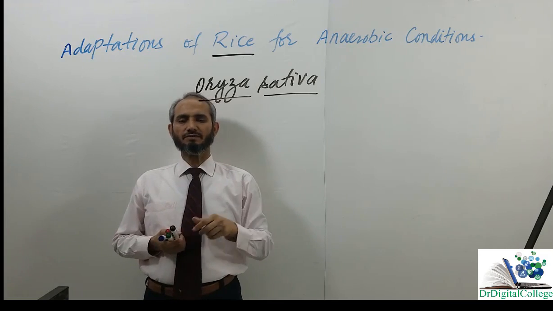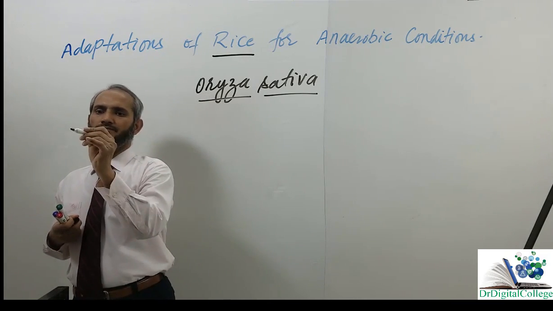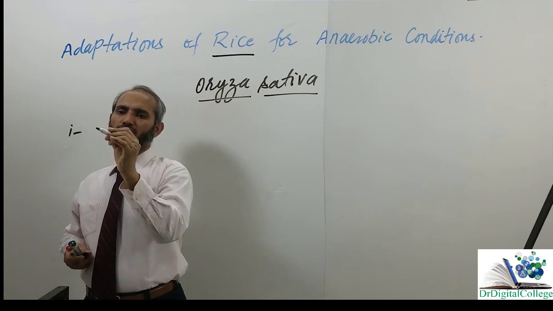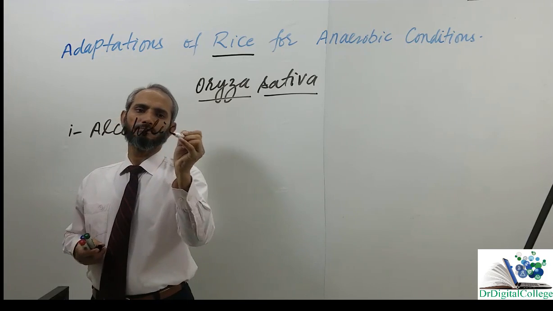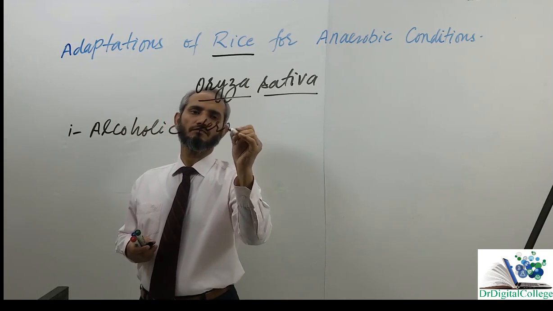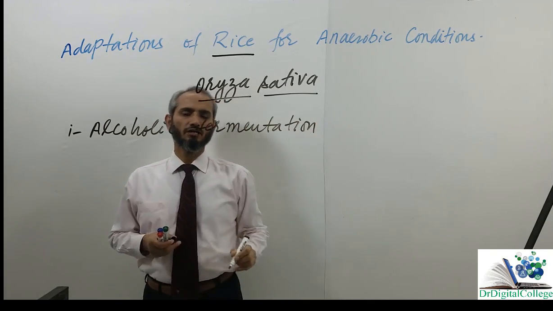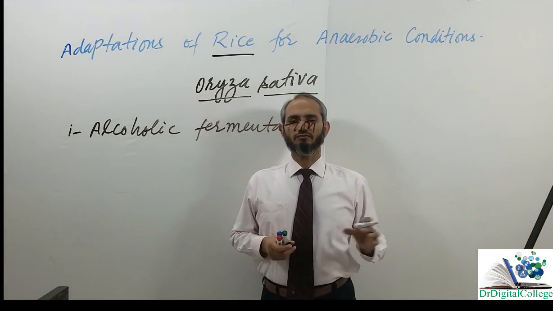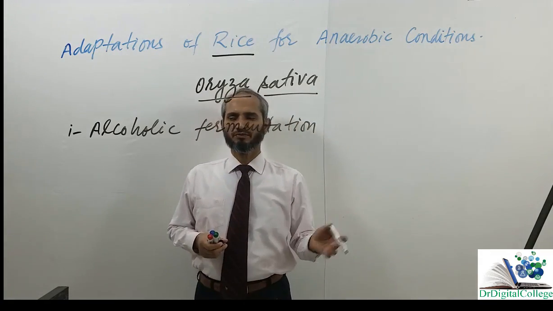So it has developed some basic adaptive features. Number one, it can do alcoholic fermentation. Glycolysis is done, and after glycolysis, pyruvate is converted into ethanol.